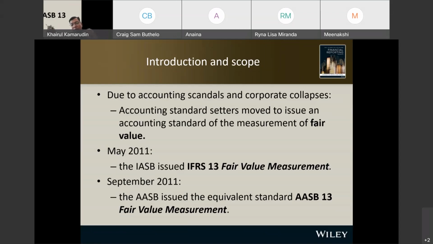Even though it had been mentioned in previous accounting standards. In Australia, 4 months after that, they adopted IFRS number 13 and renamed it AASB number 13. So this is the standard that we're going to discuss today.